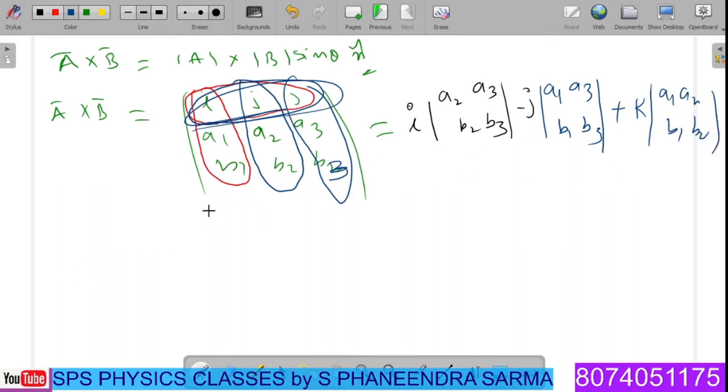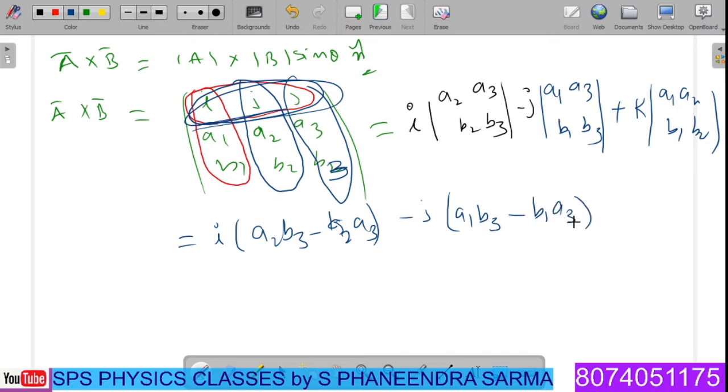Upon taking the values, we get i of a2 b3 minus b2 a3, minus j of a1 b3 minus b1 a3, plus k of a1 b2 minus a2 b1. Using this, you can find the value of the cross product.